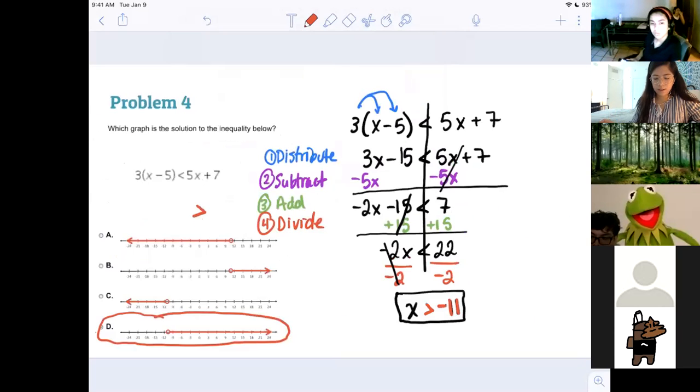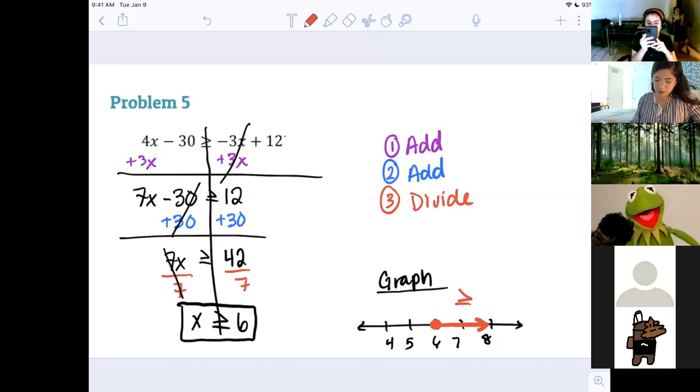All right. Number 4 we already did together, but just one more look at it. It was x is greater than -11. If you want to take a picture, take a picture. Number 5, I got x is greater than or equal to 6. Do I have any questions on this one?